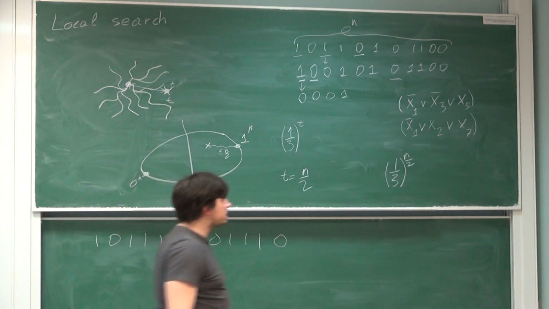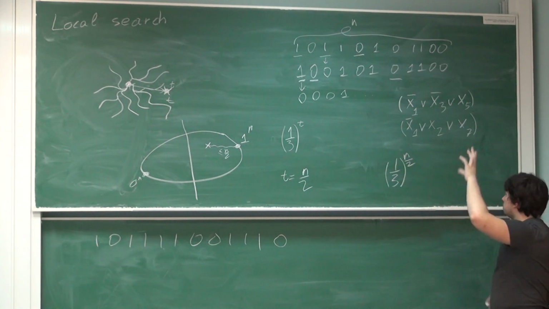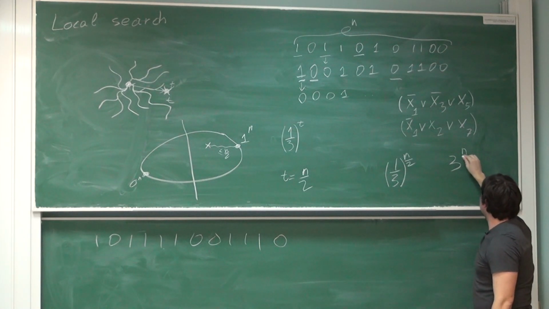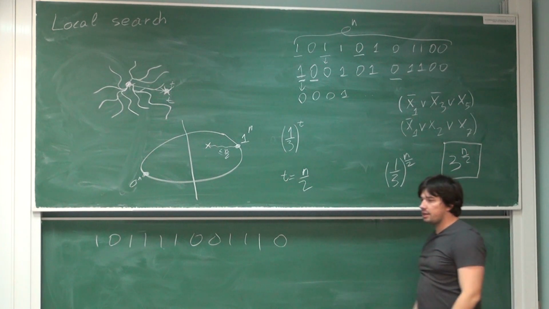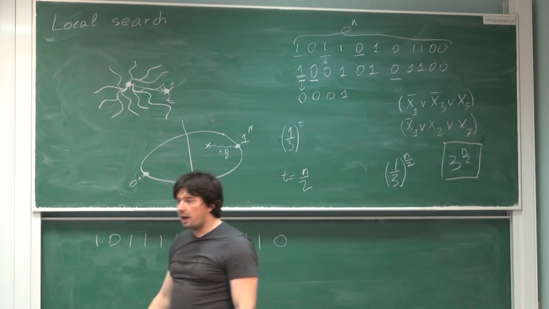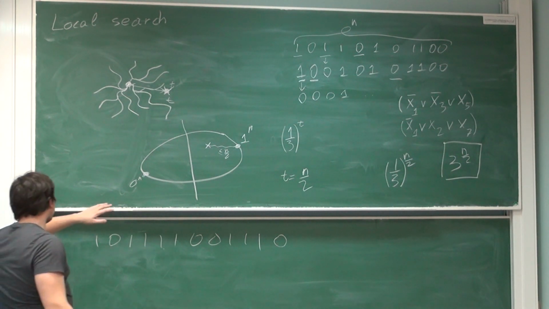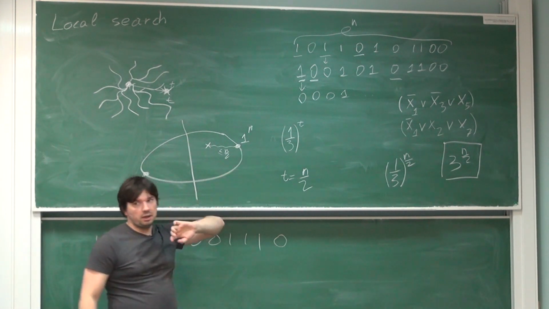So in this case, you need to repeat your search 3 to the n over 2 times. That is how many times you need to redo this local search in both 0 to the n and 1 to the n.